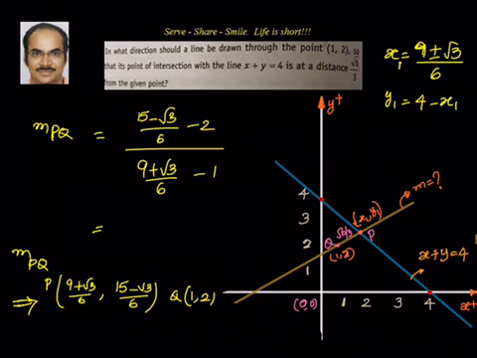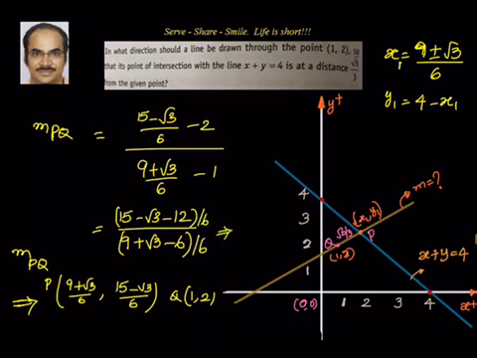Simplify that, we will have 15 minus root 3 minus 12 divided by 9 plus root 3 minus 6. We have divided by 6 here, divided by 6 here, they will cancel out. 15 minus 12 is 3, 3 minus root 3 divided by 3 plus root 3. So we got slope equal to 3 minus root 3 by 3 plus root 3, but we can rationalize this.